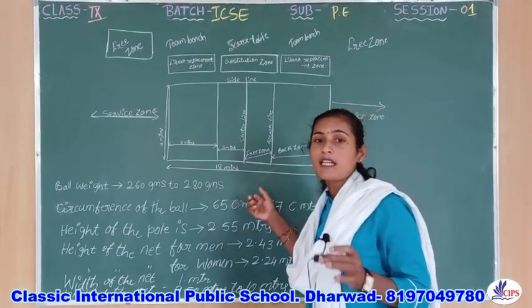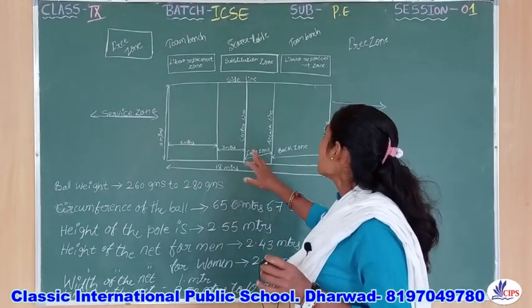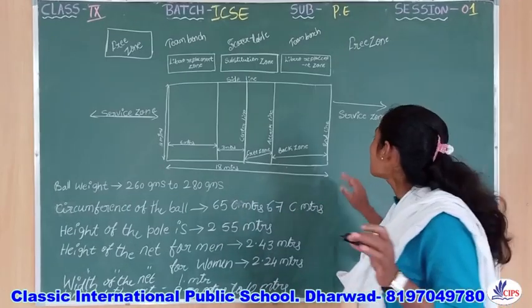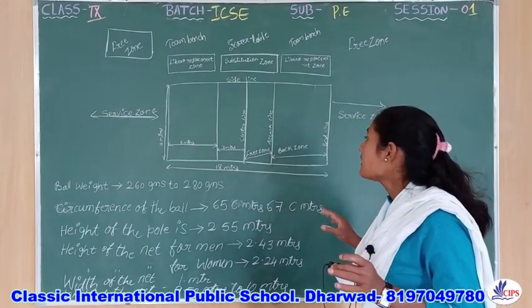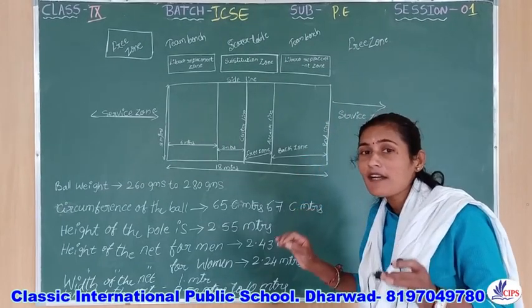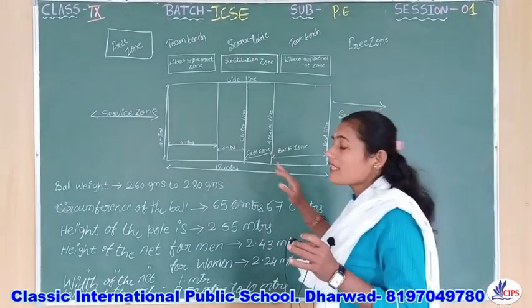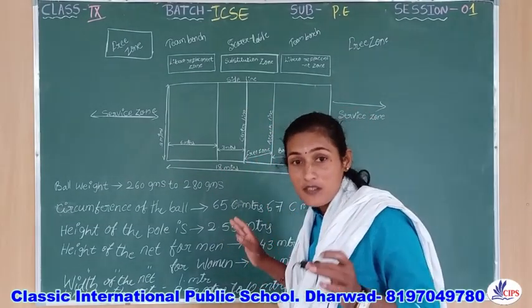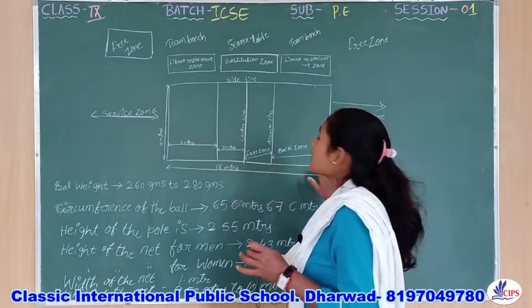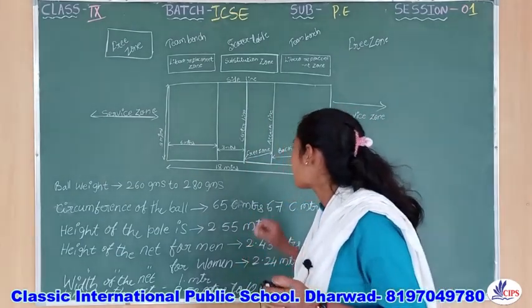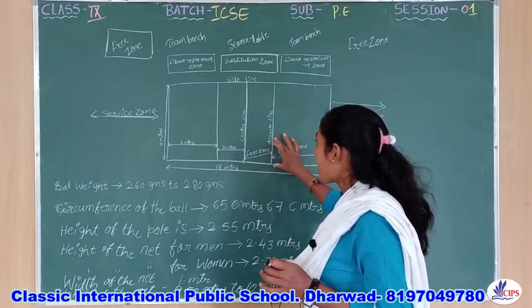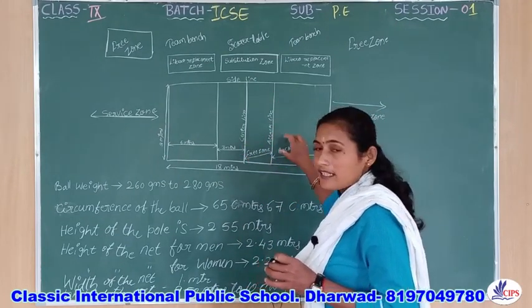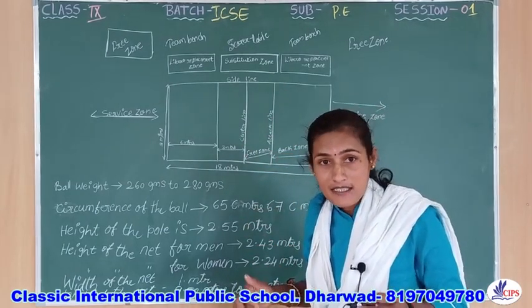Now we'll see the measurement of the court. Total width is 18 meters, and length is 9 meters. The center line divides the court in the center, so half court measurement is 9 meters. This is the attack line. From the center line to the attack line, the measurement will be 3 meters.